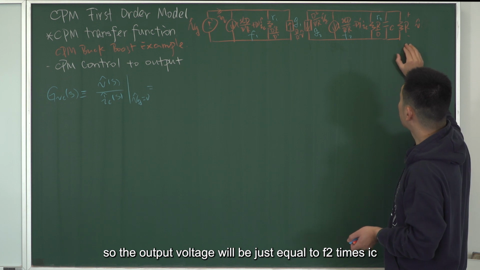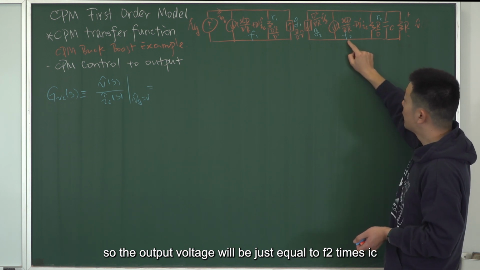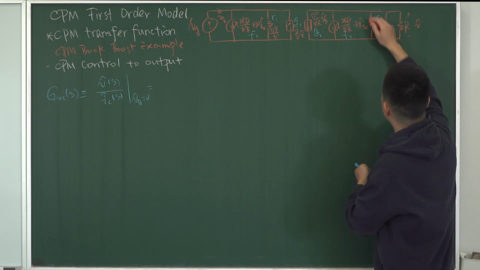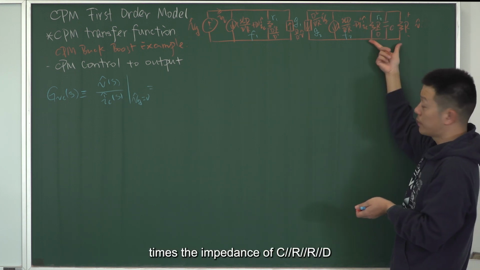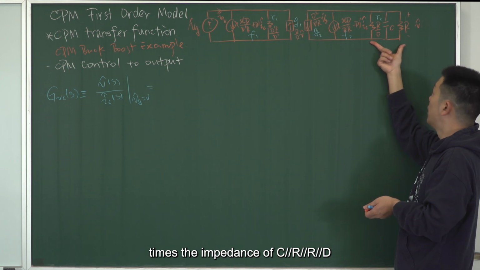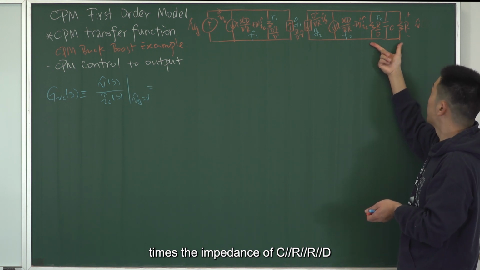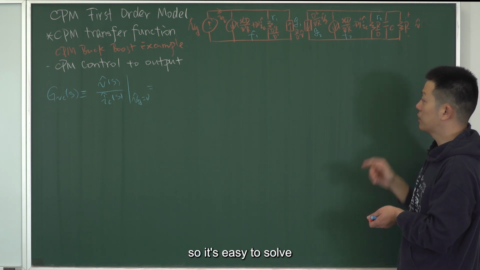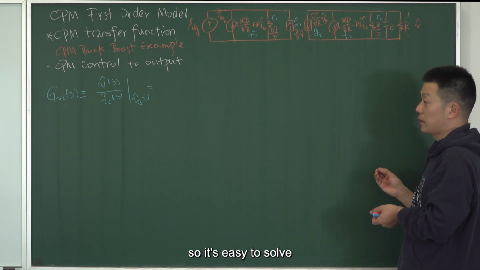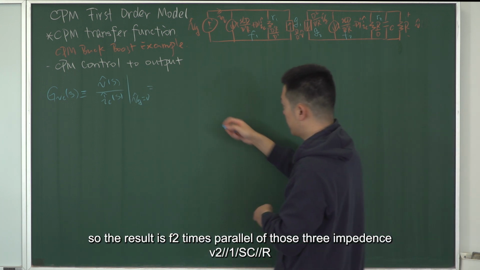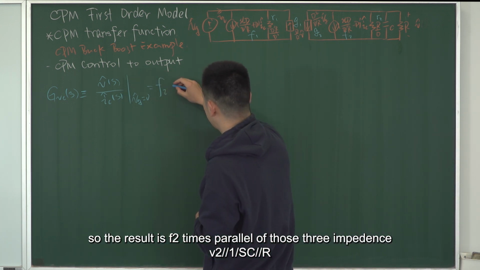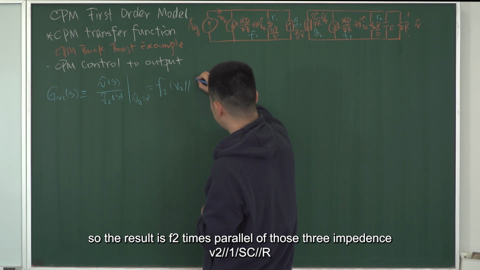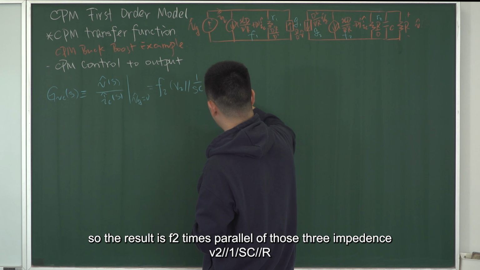The output voltage will be just equal to F2 times IC times the impedance of C parallel with R over D. So it's easy to solve. The result is F2 times the parallel of those three impedances, R2 parallel with C parallel with R.